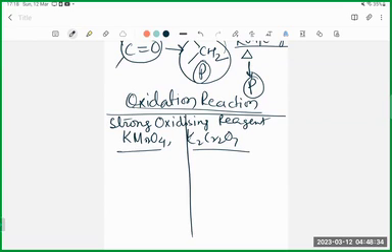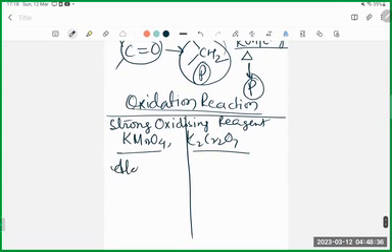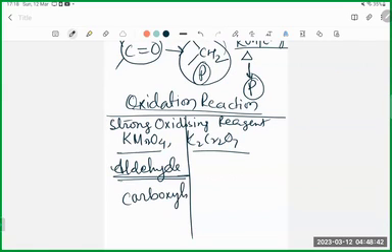So what happens basically is that the aldehyde gets oxidized very easily. It gives the carboxylic acid. Okay, it gives the carboxylic acid. What happens to ketone? Will it produce some compound? No, oxidation reaction is not possible with the ketone.